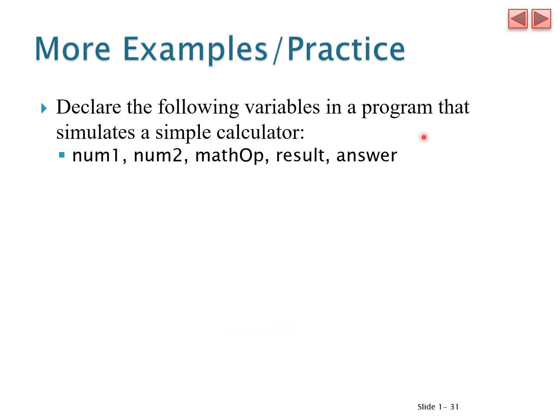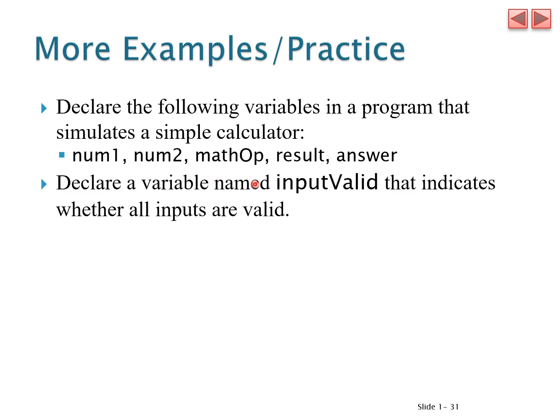Now I'm going to show you more examples of variable declarations in Java. In these examples, we will declare the following 5 variables in a program that simulates a simple calculator. We will also declare a variable named inputValid that indicates whether all inputs are valid.